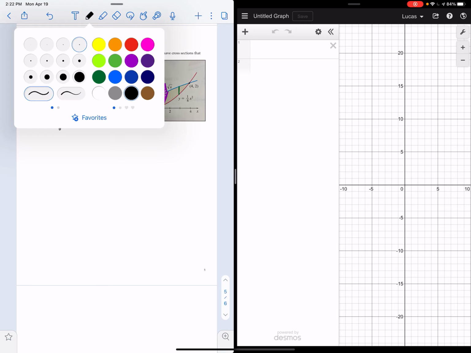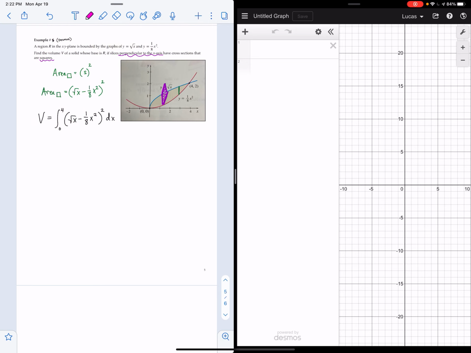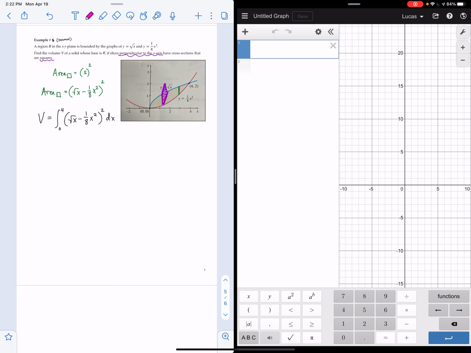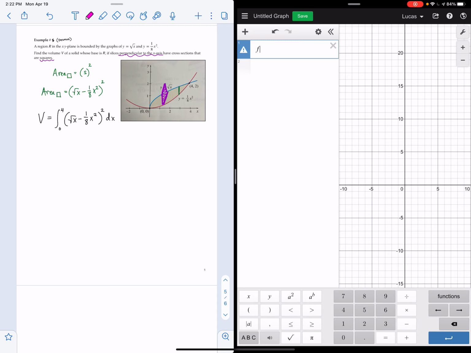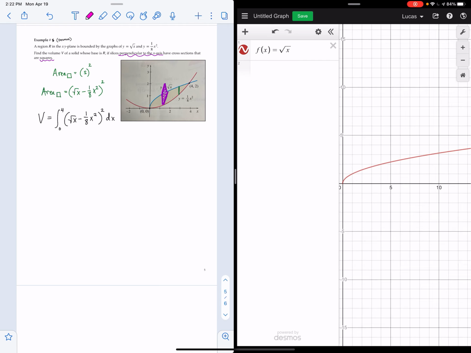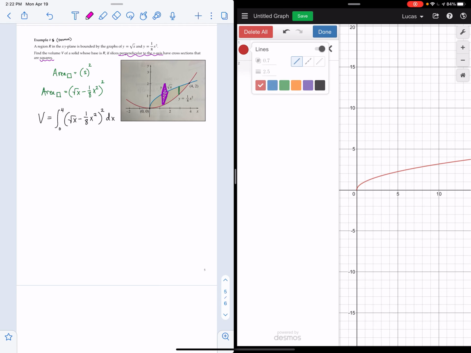I'm going to take a few little not shortcuts here, but some notation things here. Our first function, we're going to call it f of x equals the square root of x. Boom. And let's go ahead and make it blue just so it matches our diagram. Great.